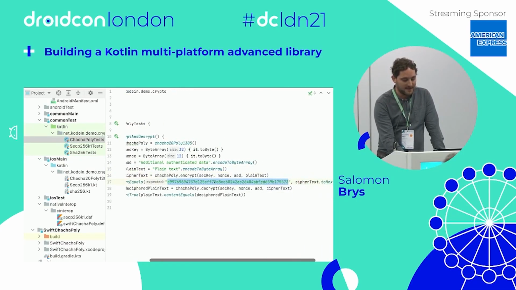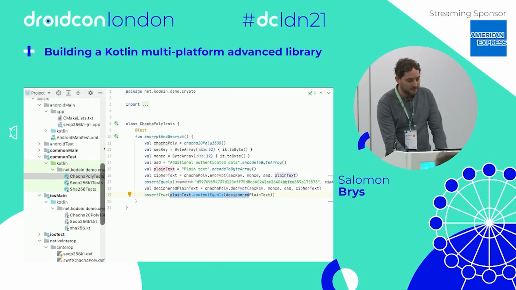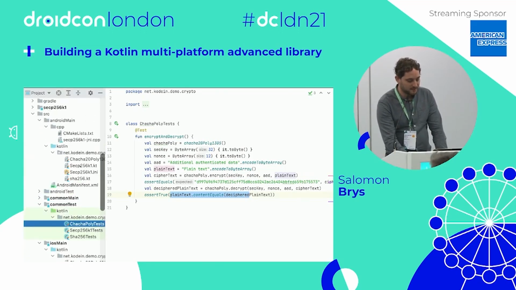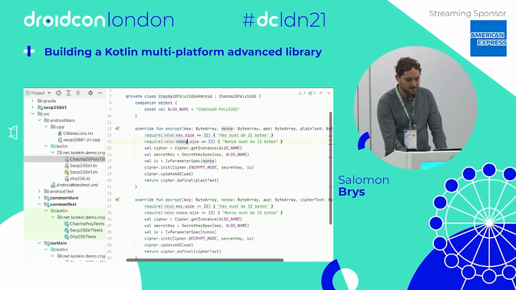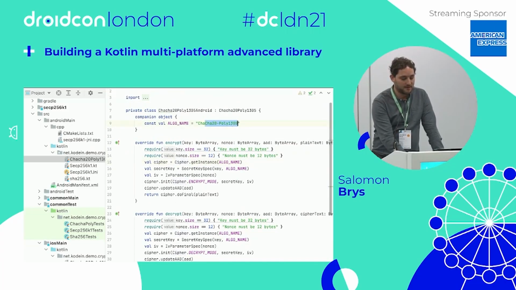I verify that it is correctly encoded, and then I decrypt it, and I assert that the plaintext and the deciphered plaintext are the same. And I haven't shown you the Android implementation, but it's boring. We're simply using the Cipher API provided by the JVM with the Cha-Cha 20 Poly 1305 implementation provided by the JVM on Android.